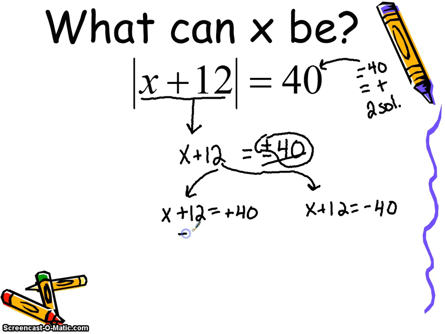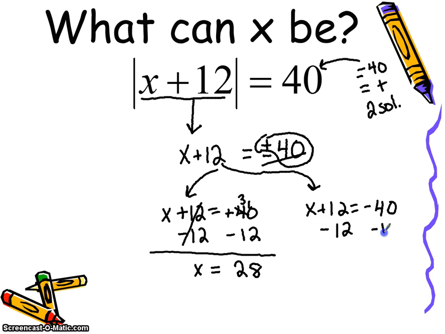Now, we'll subtract 12 from each side to isolate the variable. Positive 12 minus 12 makes 0, so I get x equals positive 40 minus 12, so if I regroup that, I get 28. Now I have to solve this equation as well. Same inverse operation, subtract 12 from each side.